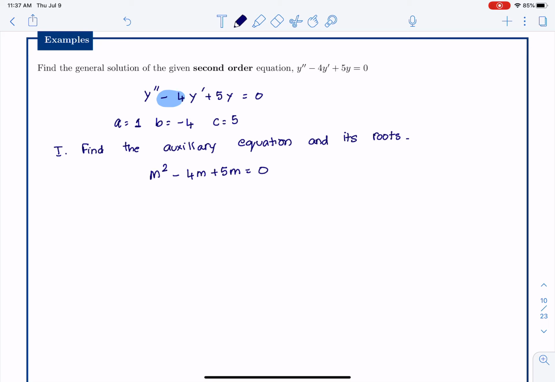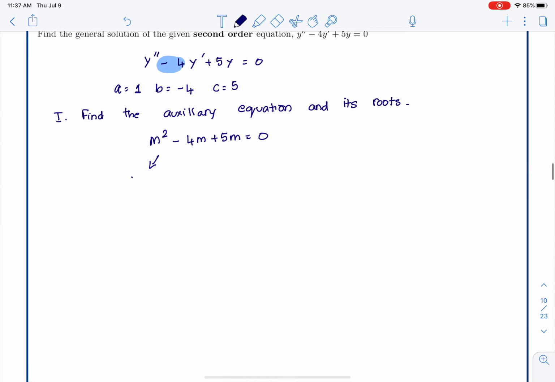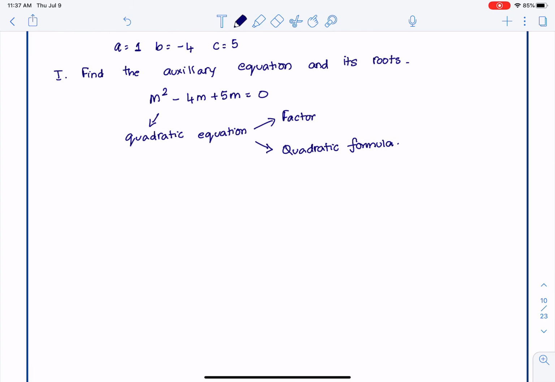Again, that is a quadratic equation, and we have two ways to solve. We can either factor or use the quadratic formula. Could we factor in this case? Let me see. I don't think so. So nothing's going to work out here. So let's use the quadratic formula.